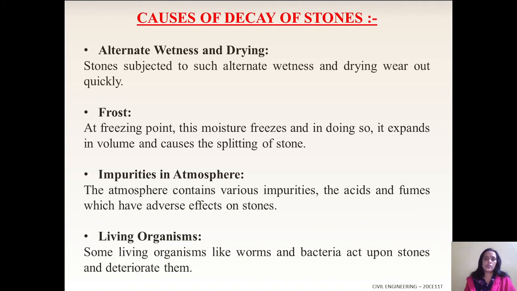There are various reasons that cause decay. The first is alternate wetness and drying, mainly due to rains and temperature variations. The alternate wetting and drying of stones causes deterioration. Frost occurs in cold regions: at freezing temperatures, the stone expands in volume and splits.